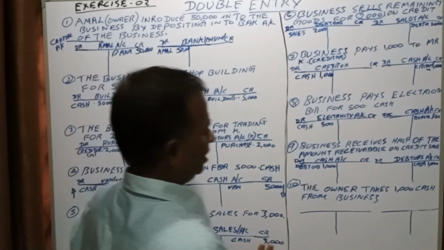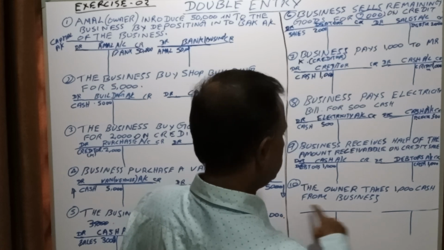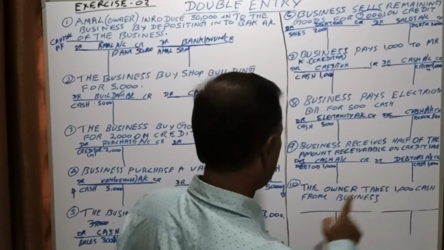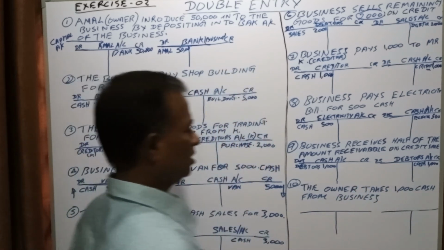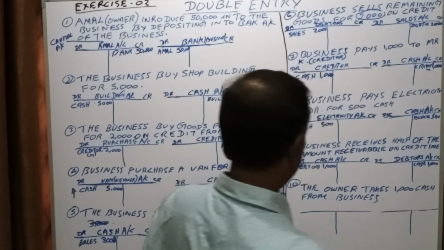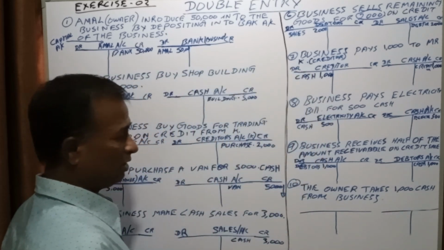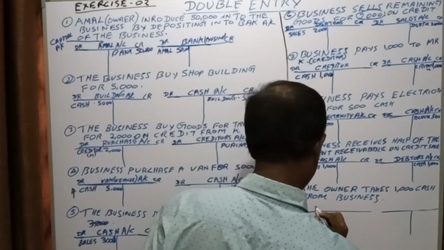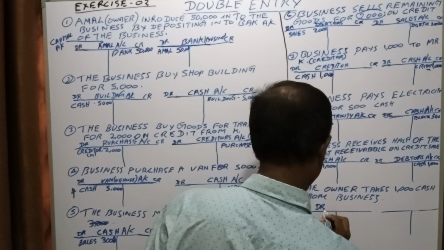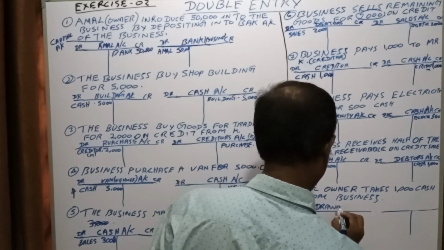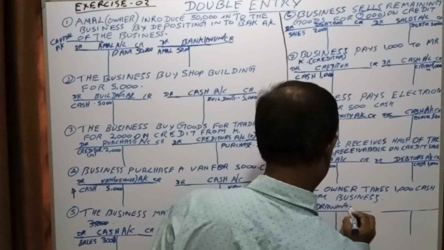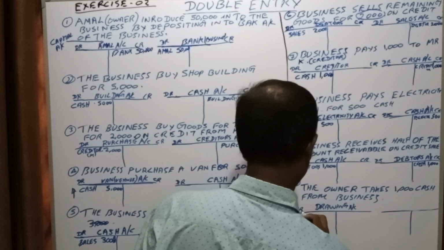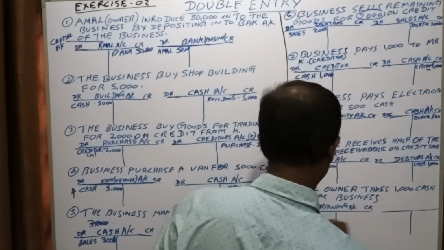Now, the 10th and last adjustment is the owner takes 1000 rupees cash. The owner takes 1000 cash from the business. That means we can say drawings. This is debit and this is credit.